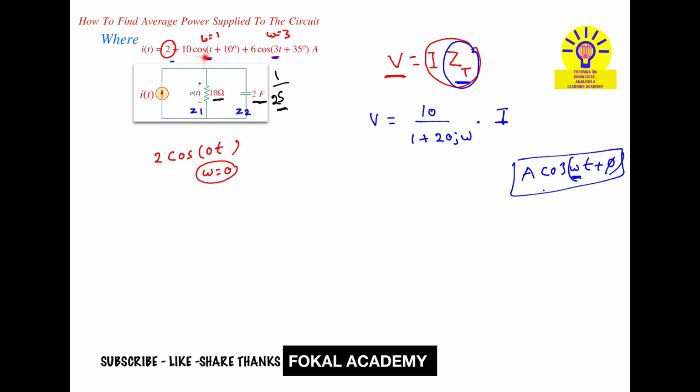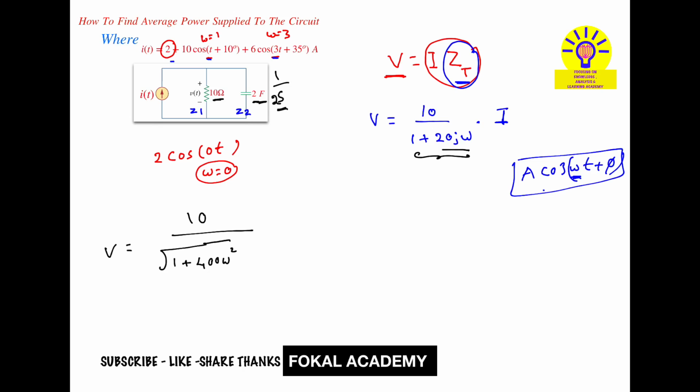So in the same format, here current into impedance is there. This impedance must be converted into phasor form, because divisions and multiplications in phasor form are very easy. So voltage V equals 10 by, its amplitude is root of 1 square plus 20 omega square, that is 400 omega square.